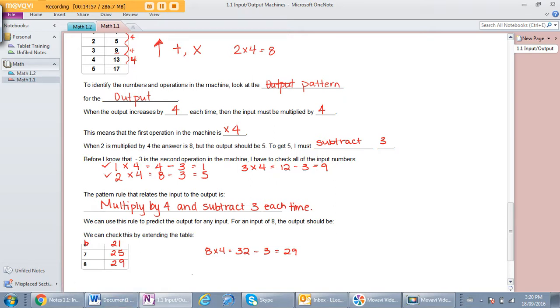So when it comes to checking my table of values to see that my operations are correct, or to find any output for any given input, I can simply extend the table, or I can follow the operations and the pattern rule, and I can multiply and I can subtract to verify my answers.